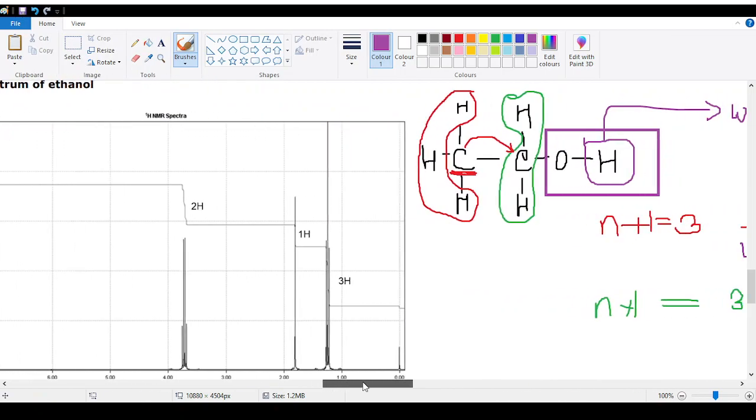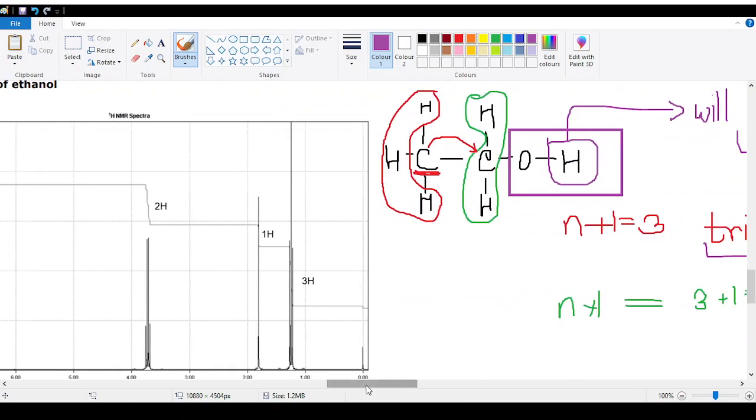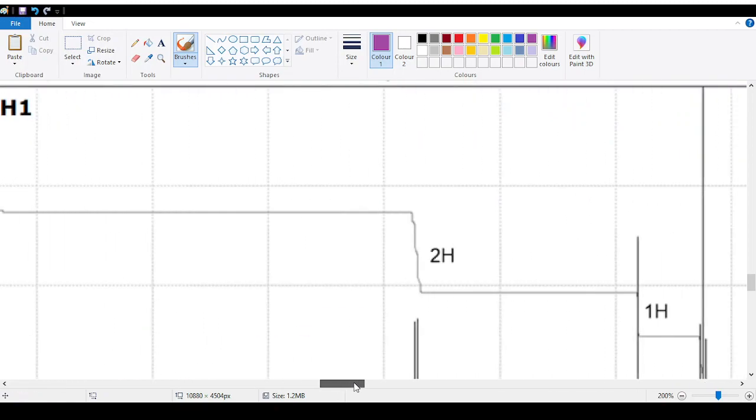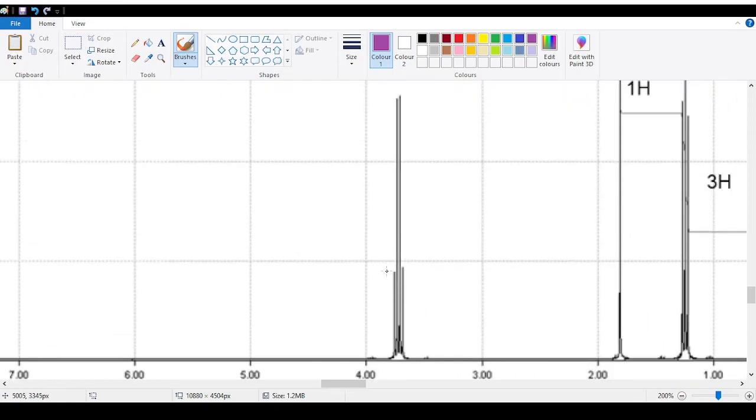So let's look. You can see here the two hydrogen atoms. Does this look like a quartet to you? There's probably one, two, three, four splitting patterns, right? If you look closely, does it look something like this within this small region?